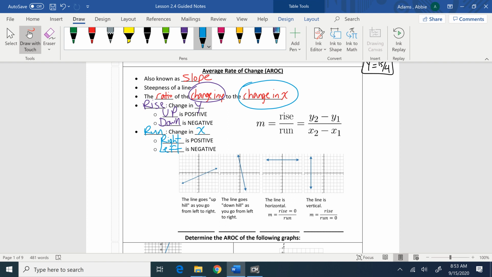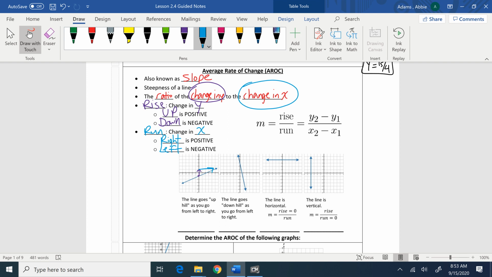So let's think about some rules here. If I have a positive divided by a positive, that's going to be a positive number, correct? Same thing with slope or your average rate of change. If we're looking at this first graph, we're going up, so we're rising, and we're going to the right. That is a positive motion.